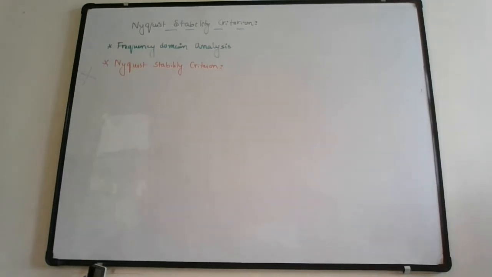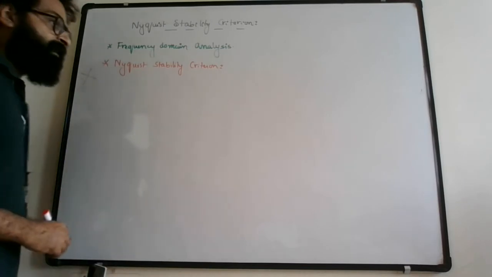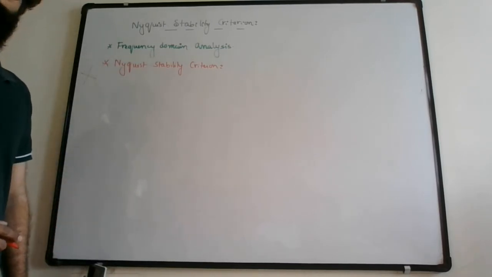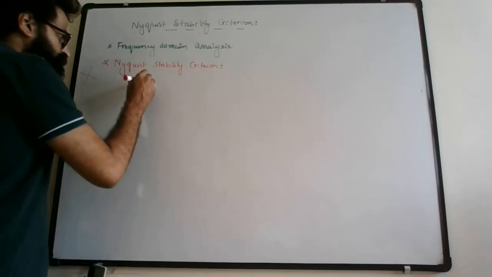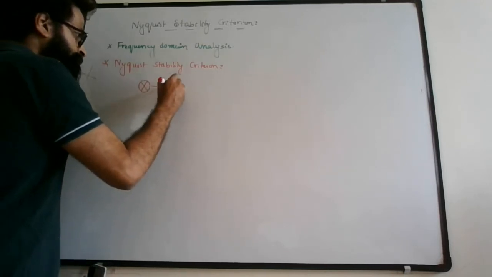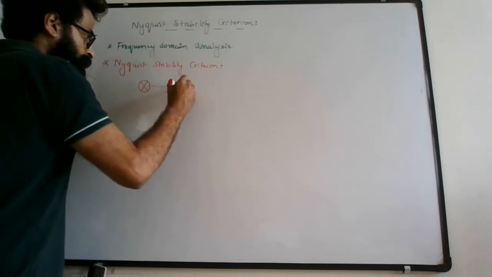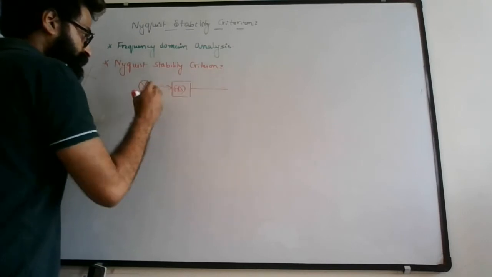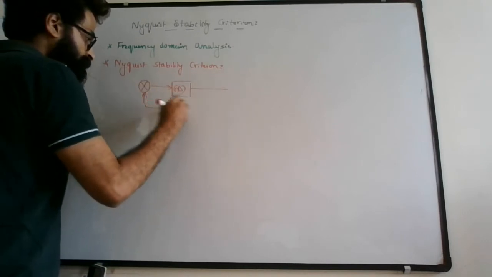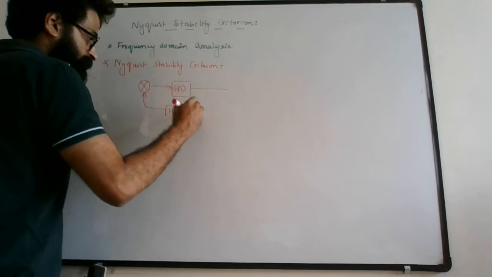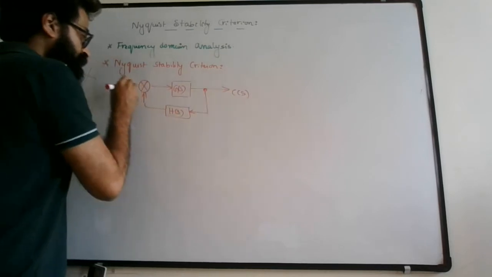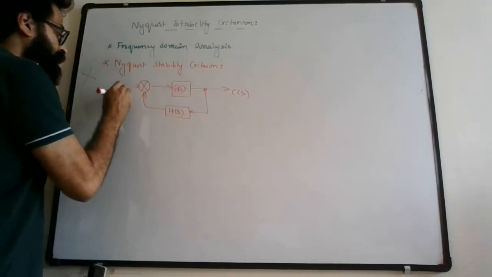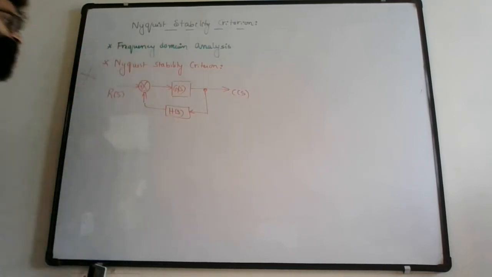So let's start our discussion by considering a single loop negative feedback control system. Let's say some open loop function G of s and the feedback function, let's say H of s. Output be C of s, input be R of s. Alright, negative feedback.